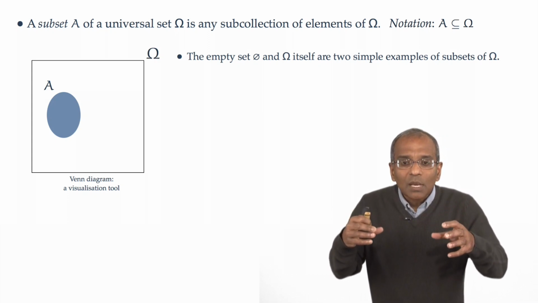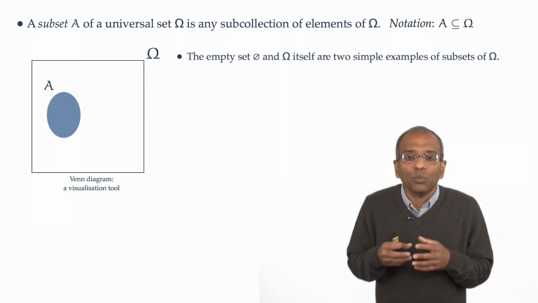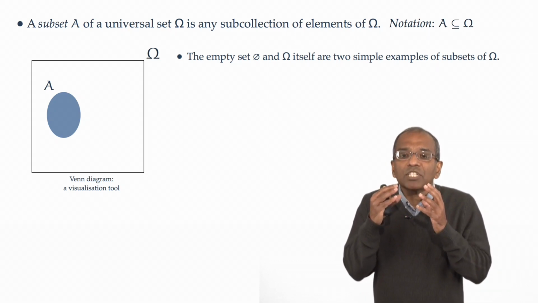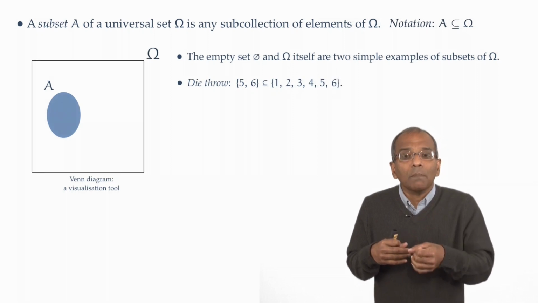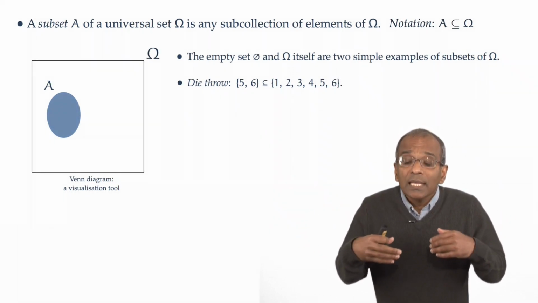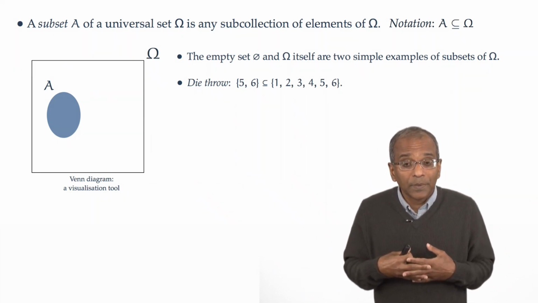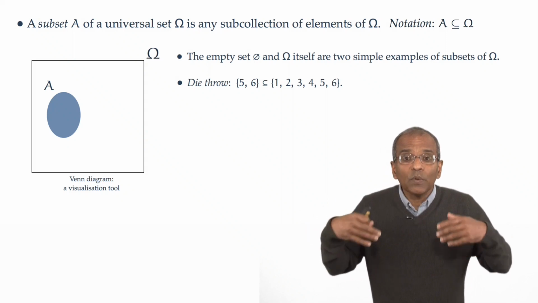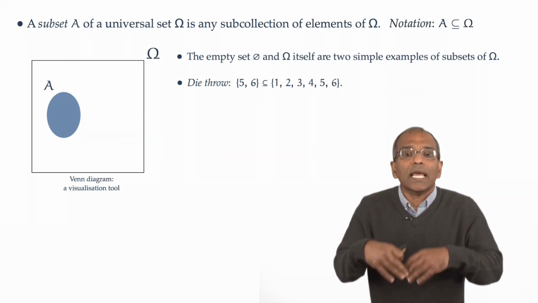Let's stitch together some more interesting examples to settle the concepts. So let's begin with the setting where, let's say, we throw a die. We identify pips by numbers, 1 pip through 6 pips with the numbers 1 through 6. This is the dictionary of translation that we agree on ahead of time. The set at hand, the universal set, is then the collection of numbers from 1 through 6 in any order you like.